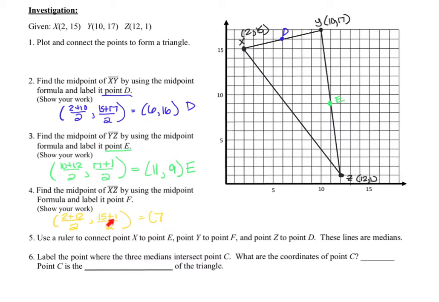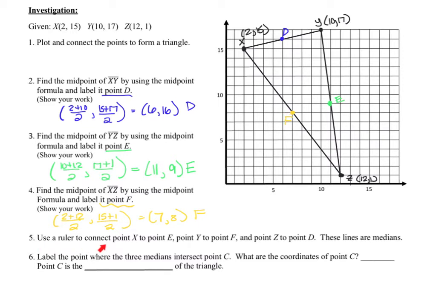And then 15 plus 1 is 16. 16 divided by 2 is 8. So point F is going to be at 7, 8. If we go to 7 and we go up to 8, there will be a point right here, and we're going to label it point F.